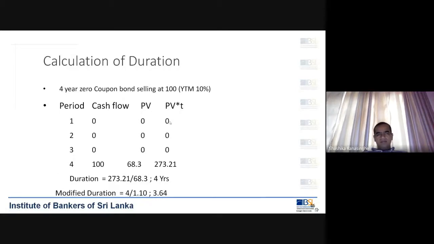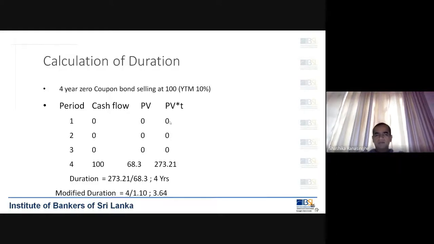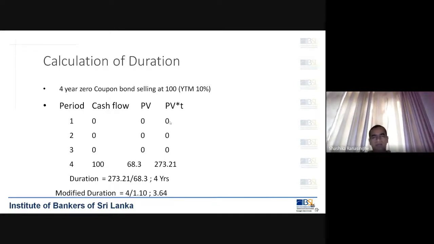Let's try this. Now, what is this bond called? Zero coupon bond. Yes, you're right. Why do you say it's a zero coupon bond? So coupon is 0, very obviously. Excellent.